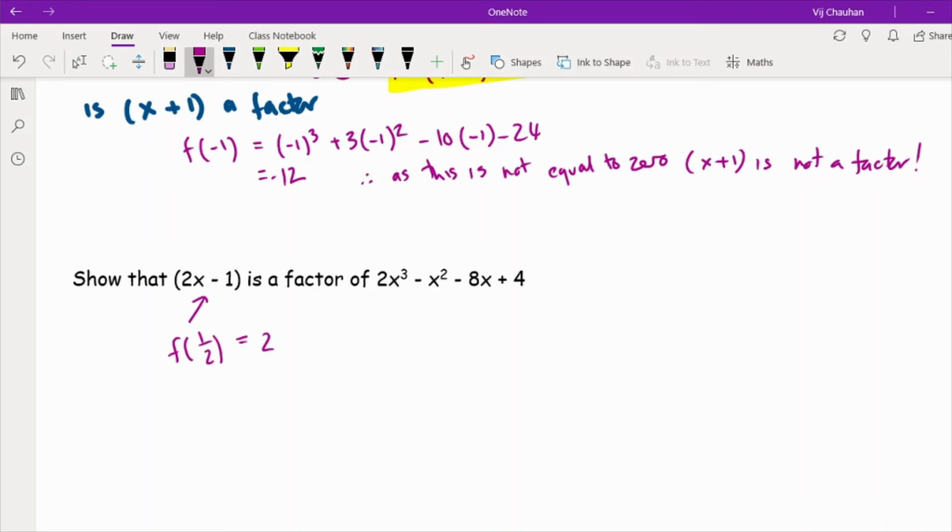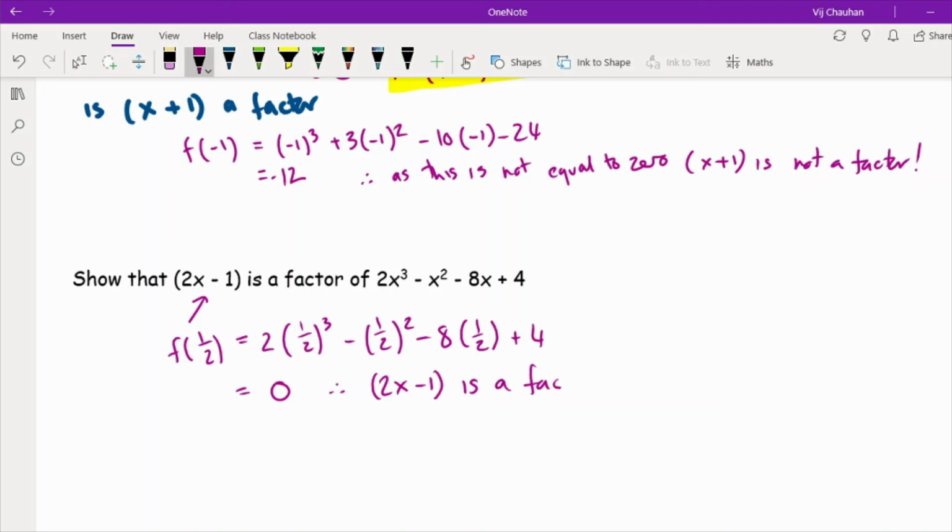Substituting a half into the polynomial, we get 0. So therefore 2x minus 1 is a factor. Again, always write that down rather than just showing that it equals 0, because in some cases examiners are looking for this statement to get your final mark.